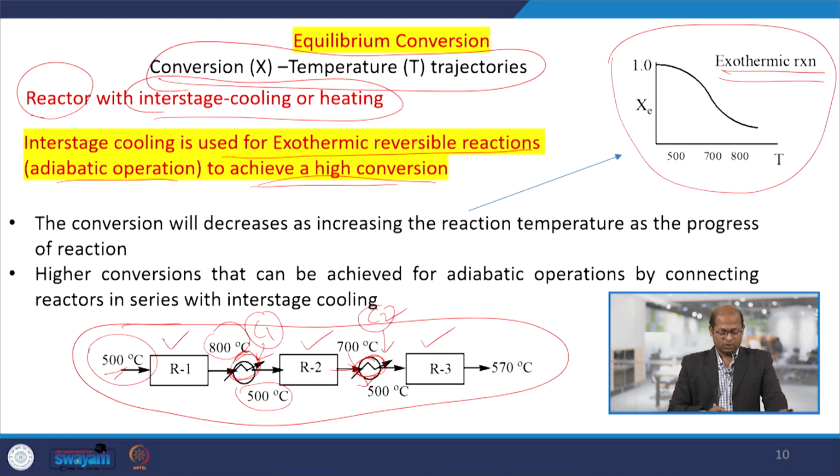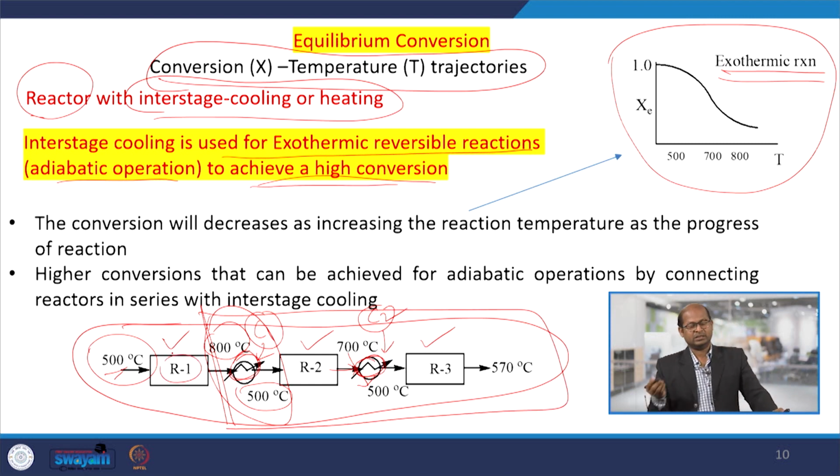If we do not use the interstage coolers and conduct the same reaction in one reactor, the equilibrium conversion is like this: 40% is the maximum conversion we can reach.